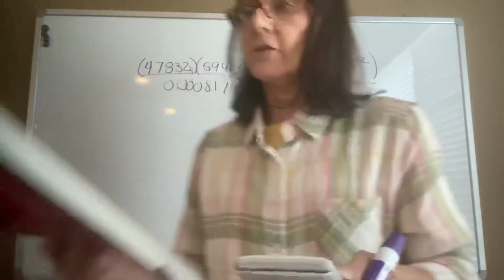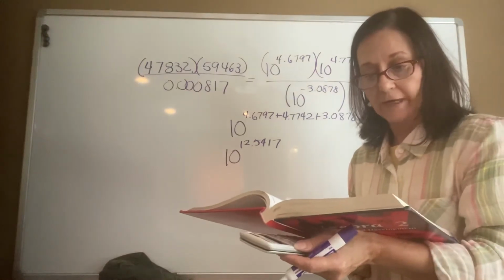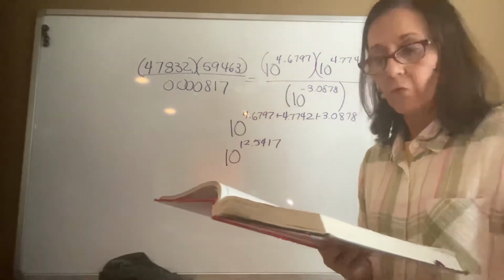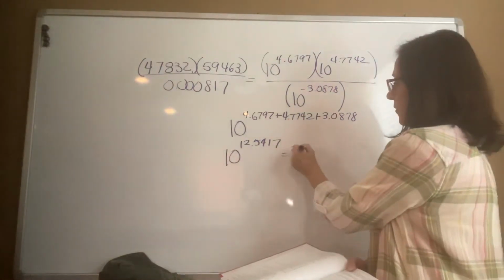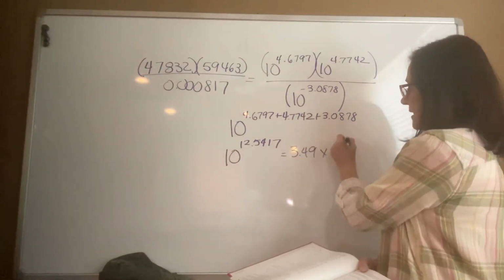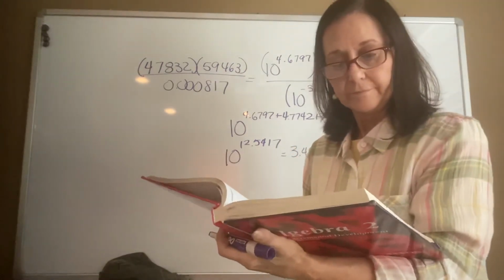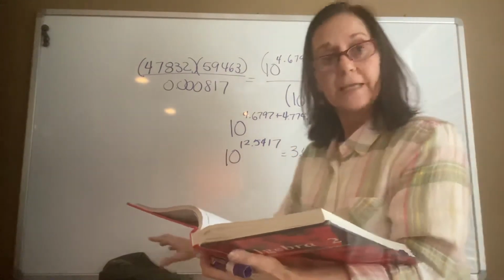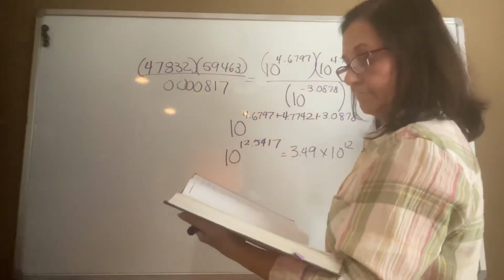They give you the answer in 113.3. It's 3.49 times 10 to the 12. 3.49 times 10 raised to the 12th power. Okay? Now, look at example 113.4.